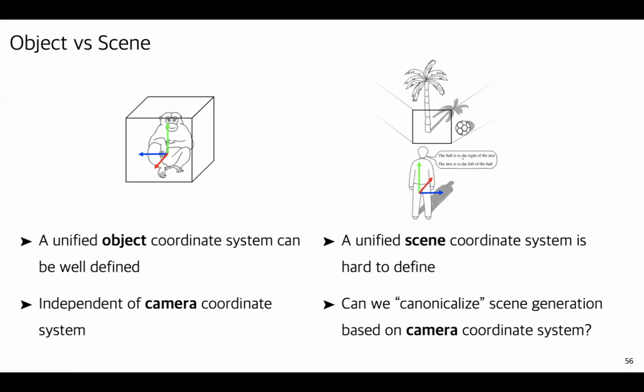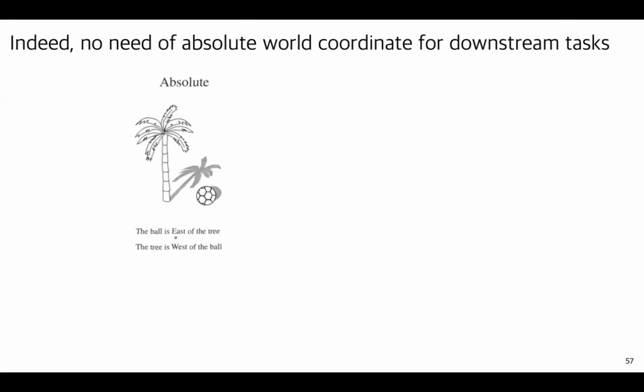But for scenes, it's really hard to define a unified scene coordinate system. And also what usually matters the most is how we view the scene. So maybe we can canonicalize scene generation based on the camera coordinate system. What I also want to argue is that maybe there is just no need for an absolute world coordinate system for downstream tasks.